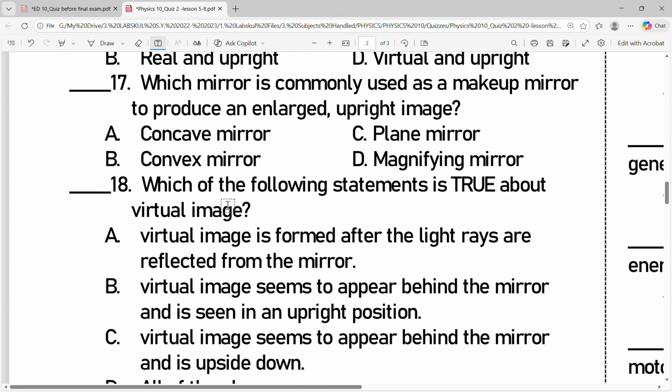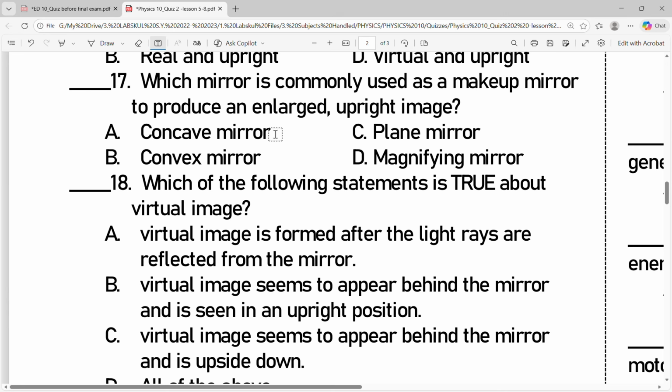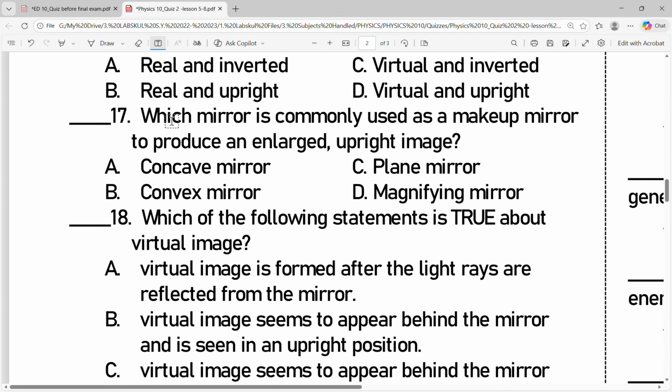Number 17. Which mirror is commonly used as a makeup mirror to produce an enlarged, upright image? So only the concave mirror could give you either a virtual or a real image.